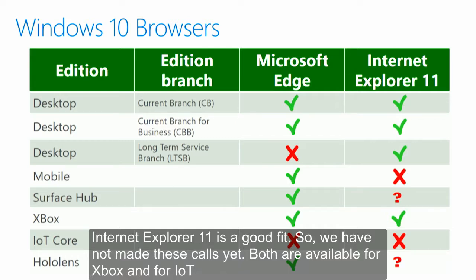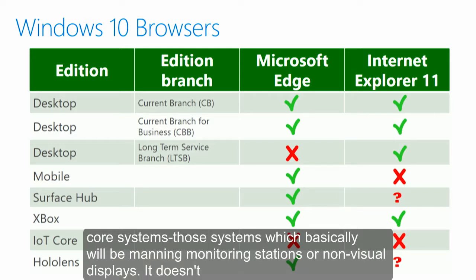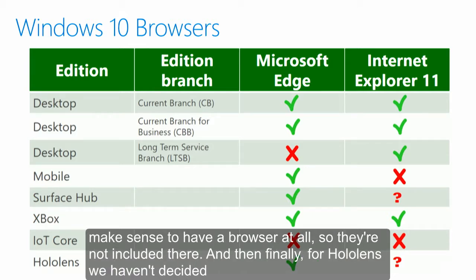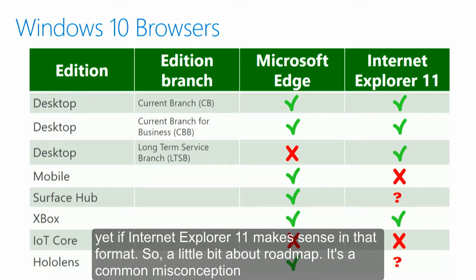Both are available for Xbox. For IoT core systems, those systems which will be manning monitoring stations or non-visual displays, it doesn't make sense to have a browser at all, so they're not included there. And finally, for HoloLens, we haven't decided yet if Internet Explorer 11 makes sense in that format.